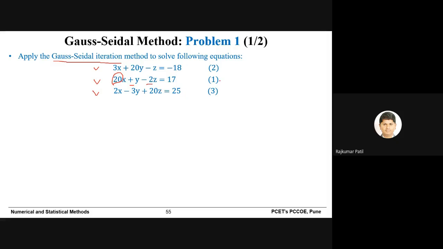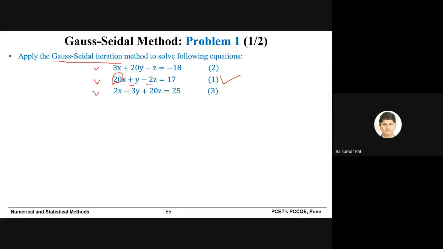And that's why the second equation given in the problem, we call it equation number 1. So this is how we are giving the numbering. Sometimes, to confuse you or to check your understanding level, the sequence is given randomly, and you need to decide which will be equation number 1, 2 and 3.